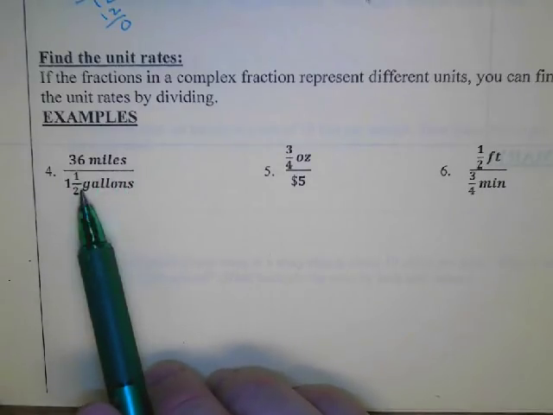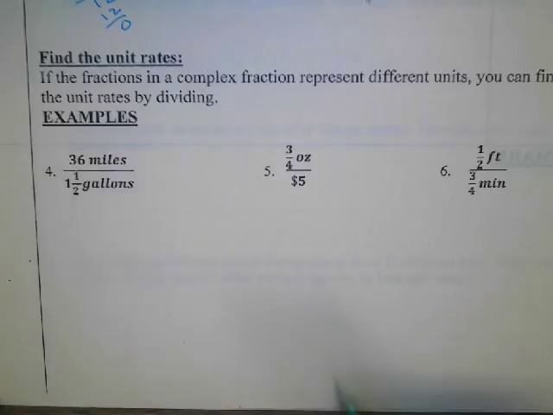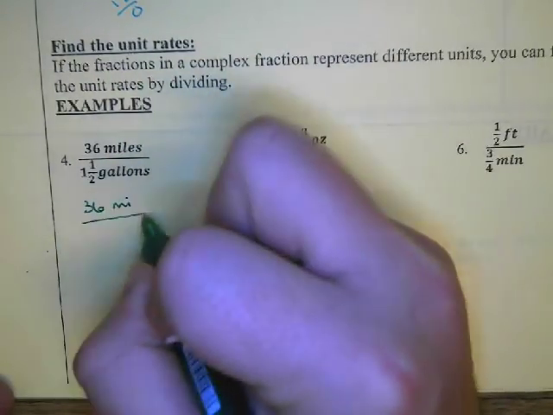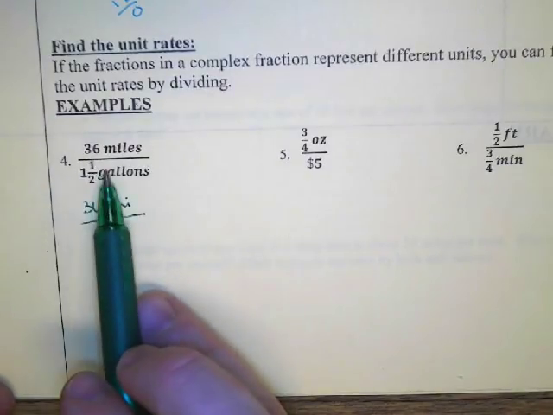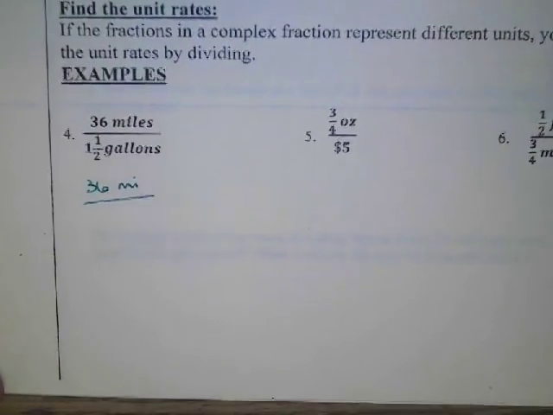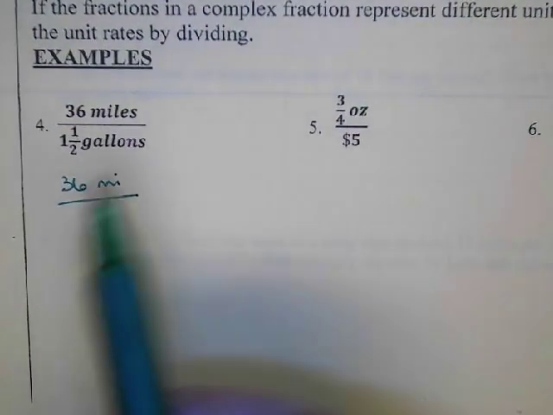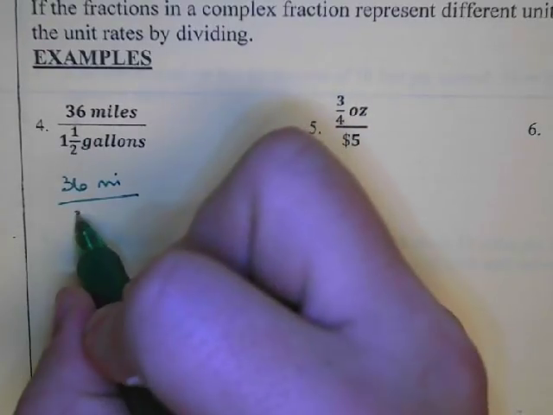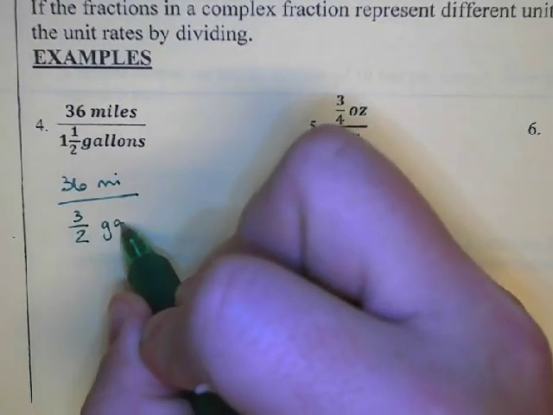I have 36 miles and 1.5 gallons. So first I want to say this is going to be 36 miles, and then I need to turn this into an improper fraction. So I multiply, then add. 2 times 1 is 2. 2 plus 1 is 3, so I have 3/2 gallons.